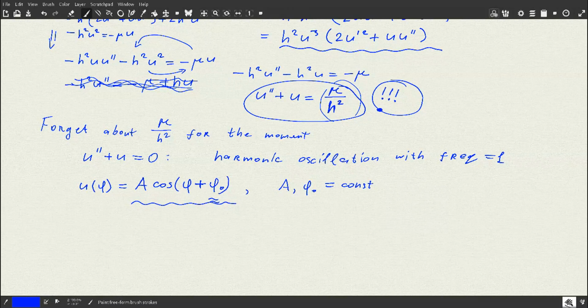If we substitute u equal to a constant, the right-hand side is a constant, mu over h squared. So if you take u equal to that constant, then u double prime is obviously 0, because it is a constant, and u equals mu over h squared satisfies this equation.